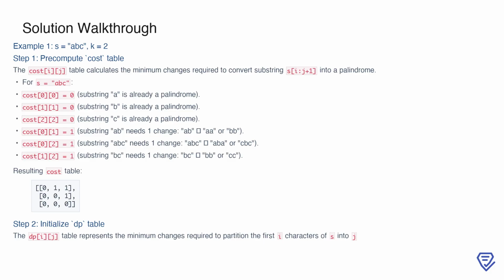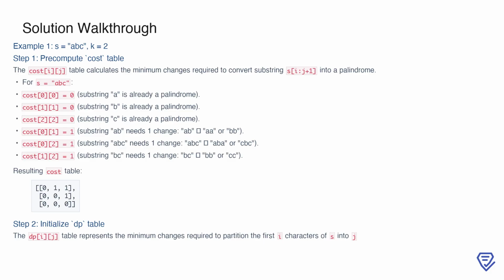To solve this problem, we begin by pre-computing the cost table, which tells us the minimum number of changes needed to convert any substring of S into a palindrome. For the given string S equals ABC, we calculate each entry in the cost table. Single character substrings like A, B, and C are already palindromes, so no changes are needed, and their corresponding entries are 0.